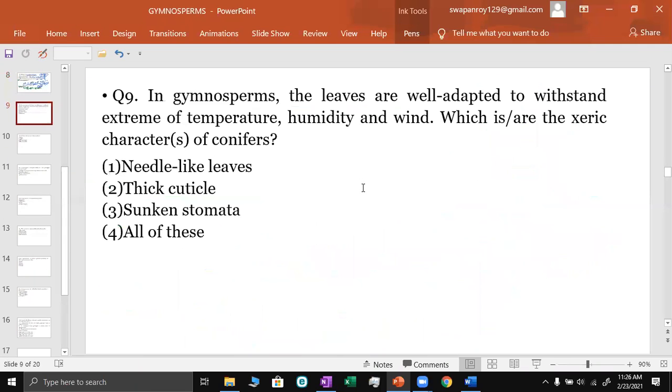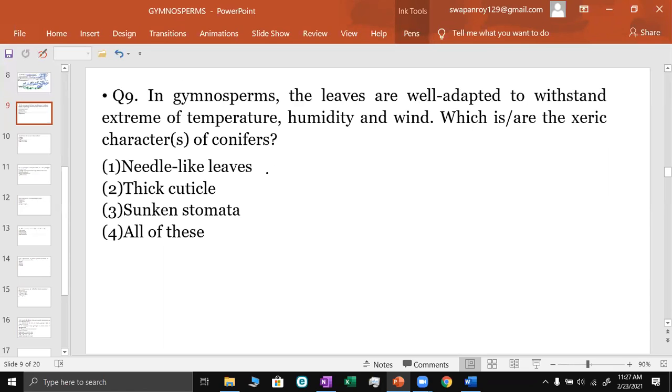Question number 9. In gymnosperm, the leaves are well adapted to withstand extremes of temperature, humidity, and wind, which is the xerophytic character of conifers.